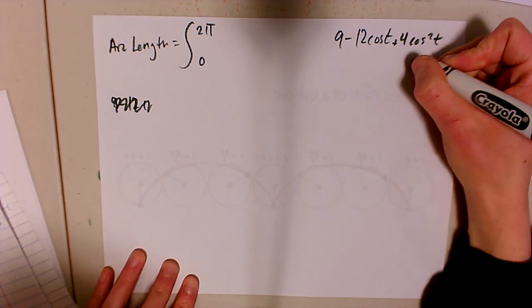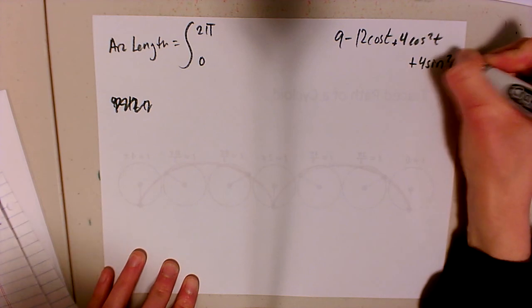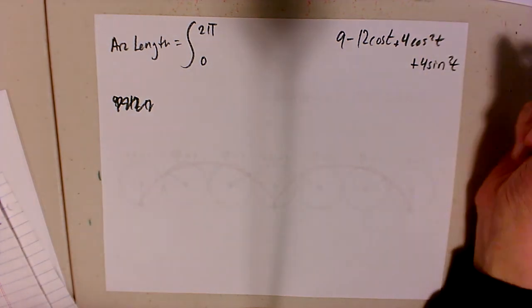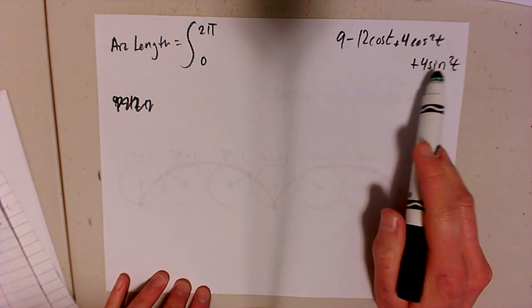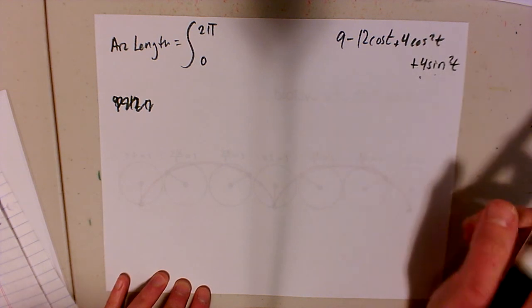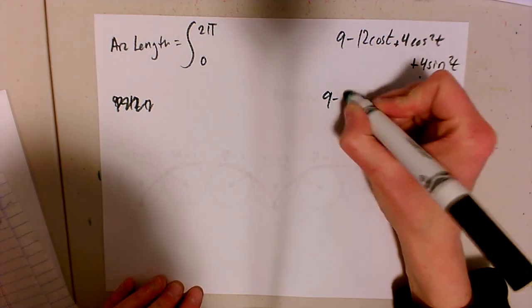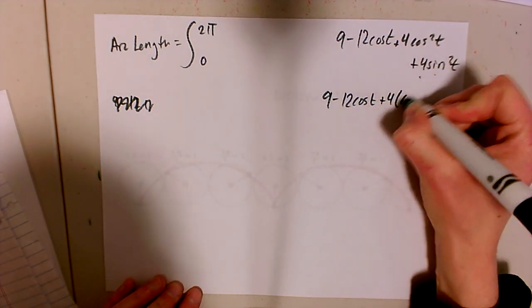And if we're adding our dy dt to this and putting this all under the root, well, dy dt, remember, is just 4 sine squared t. Now, if we look at this, the 4 cosine squared t and the 4 sine squared t, well, in this case, if we factor out the 4, we'll get cosine squared plus sine squared, which is 1.